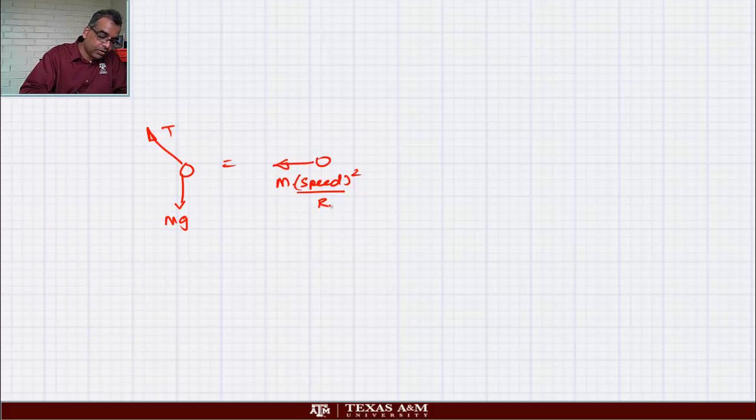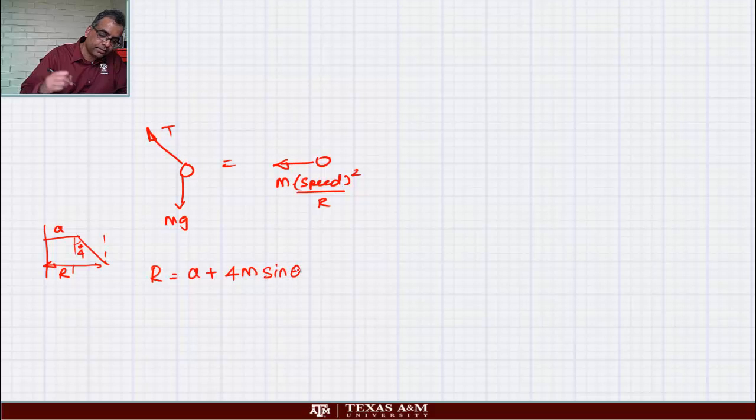So if you look at the carousel looked like this, right? The radius of the turn is that r, which is a, this length is 4 meters, so this angle is theta. So r equal to a plus 4 meters sine theta. That's the radius of the turn.